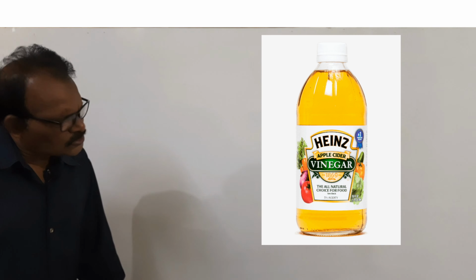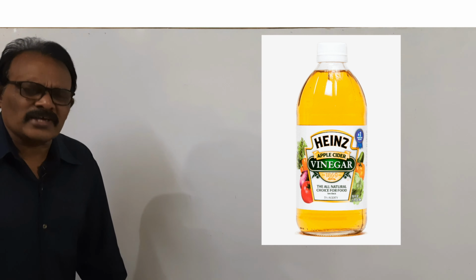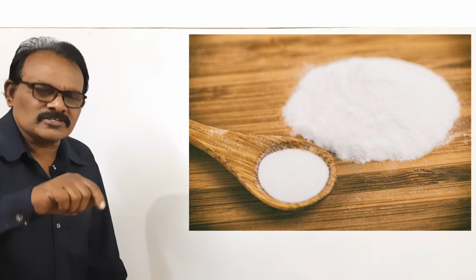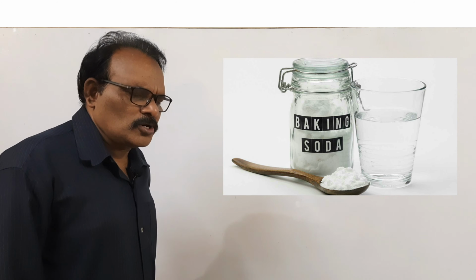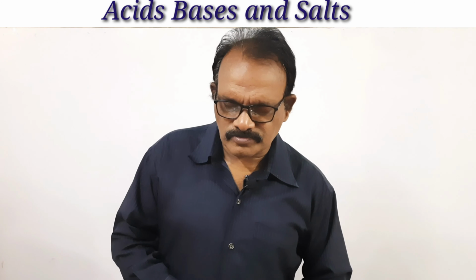Vinegar is also an acid, but baking soda is a base. Have 1 spoon of baking soda in water, drink it, and after a short time you will feel a bit relaxed. Why? Because the base killed the acid. Both kill each other.